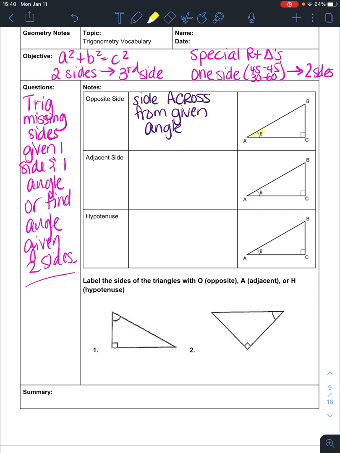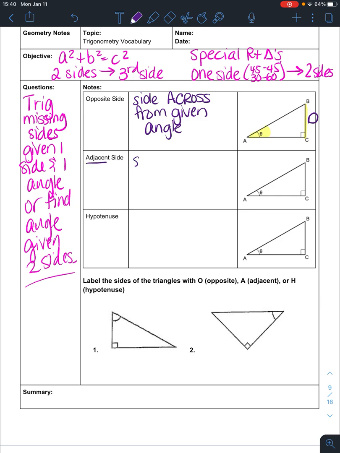So if this is our given angle, theta, if our given angle is right here, this corner, then opposite would be BC. So it is the other side. Notice that AB and AC make up the angle, and BC is the side that doesn't make the angle. It doesn't form that corner. So BC is the opposite, and we would label it with an O.